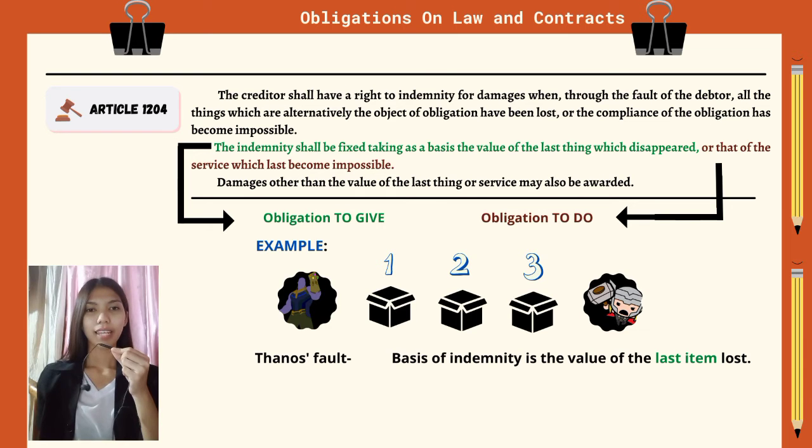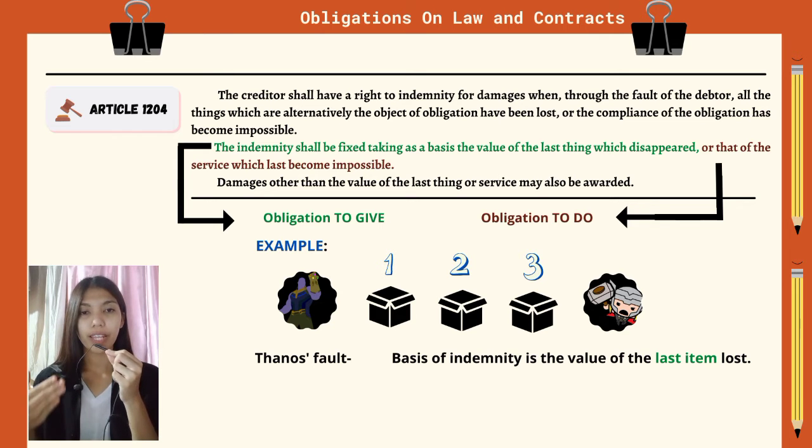Example: Thanos obliged himself to deliver to Thor either object 1, 2, or 3. Now, if all those objects were lost because of the fault of Thanos, then the value of the last thing lost plus damages must be given to Thor.